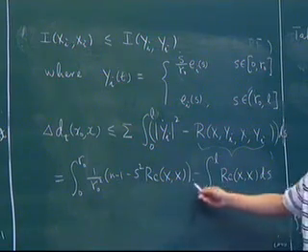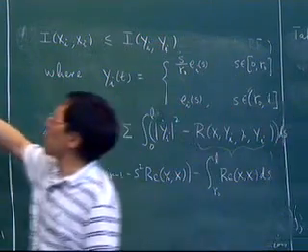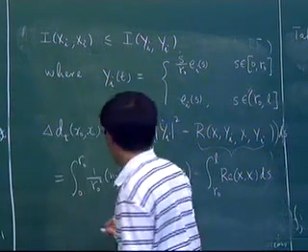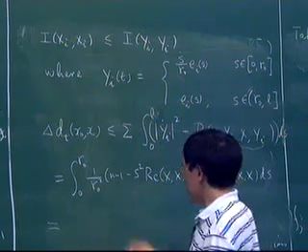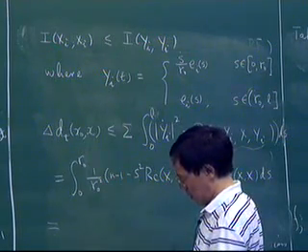We know that Ricci curvature is bounded by this number, so this can be computed.